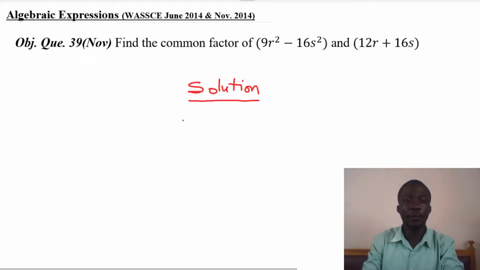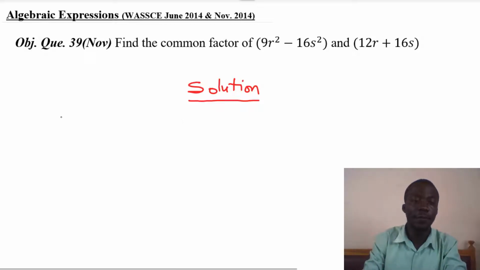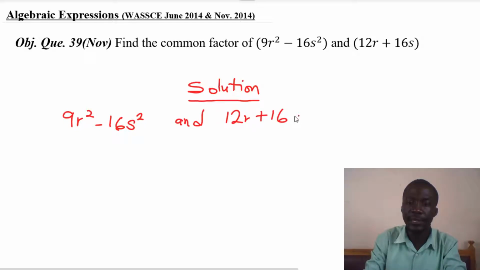In objective question 39, November, we have to find the common factor of the expression 9r squared minus 16s squared and the expression 12r plus 16s.